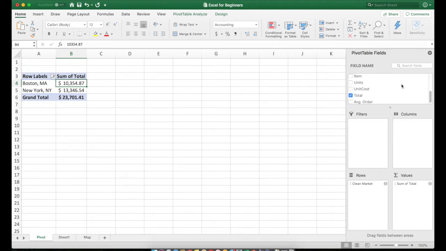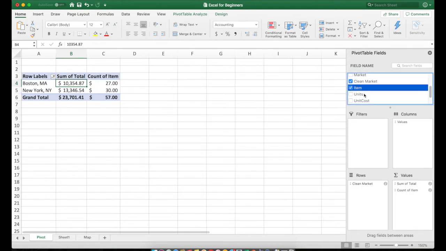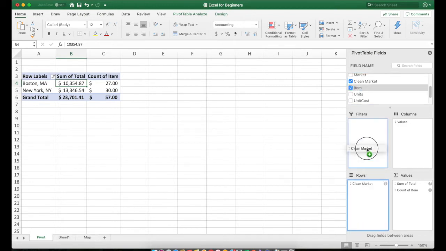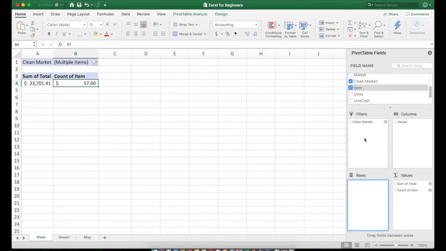So I want some more information though. I want to know items. So I want to know how much each item generated. And in this situation, I don't really need to know the market quite yet. So I'm going to move the market up here to keep it out of the way for now. But obviously this isn't right. So I want to go down to count of item.